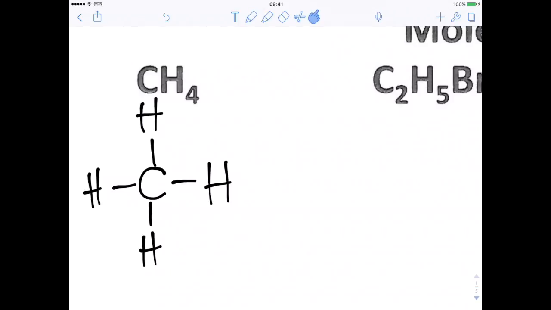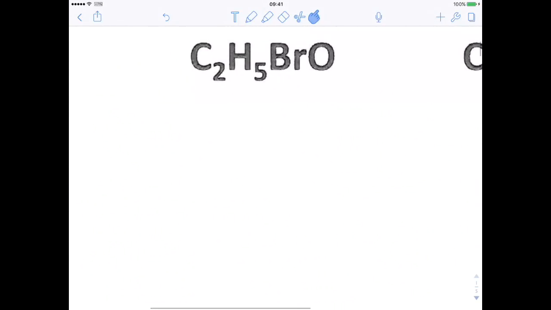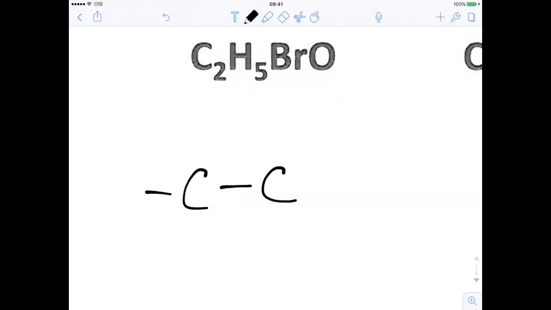Let's try a slightly more difficult example. So we have 2 carbons, 5 hydrogens, 1 bromine, and an oxygen. Again, you're going to want to draw your central atoms first. You're going to want to add the 2 carbons. Since bromine only wants to bond once, you can just attach it to one of the ends and add your electrons in order to fill its octet.